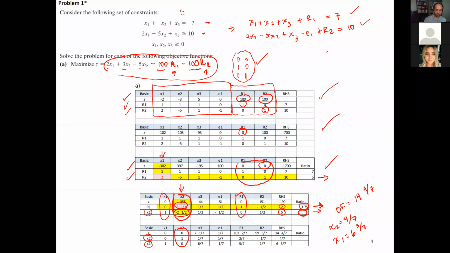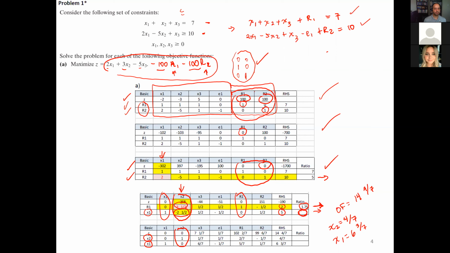Like we did here for R1 and R2, we needed to make sure that these values were zeros and ones. That was not the case, so we needed to perform those elementary row operations to make those coefficients in row 0 equal to 0. And after that, we can apply the simplex algorithm.